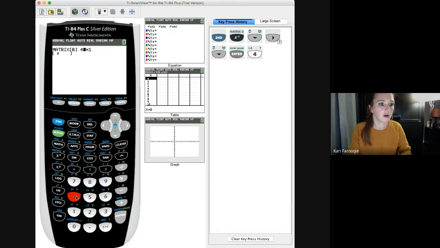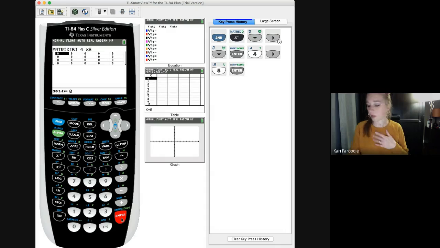And the number of columns, even though I know technically you have 4 columns on the left, well, we're looking at 5 columns because we need to include that right-hand side for your augmented matrix. So I'll go with 5. Enter.